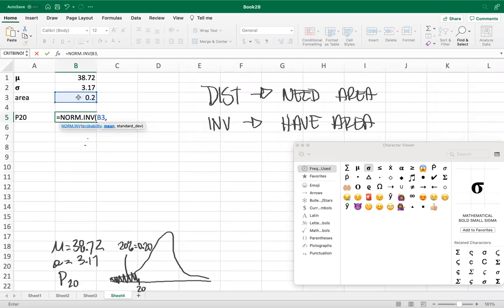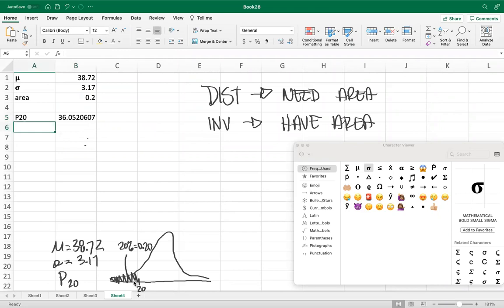So probability 0.2, mean 38.72, standard deviation 3.17. And here they're not going to ask whether we need cumulative or not, because it is a cumulative, right? It is an accumulated area from 0 up to that point. And there we go. So this here is our value.